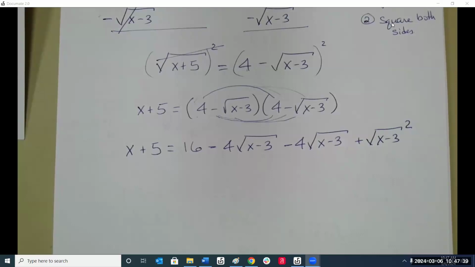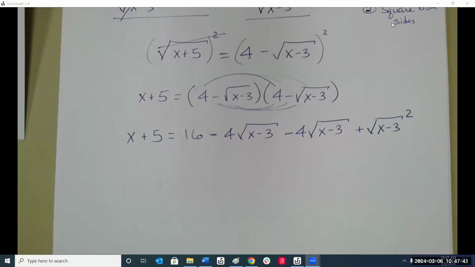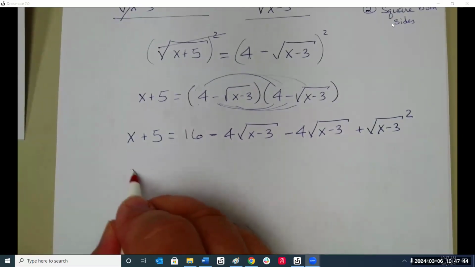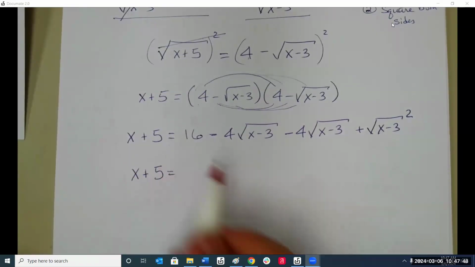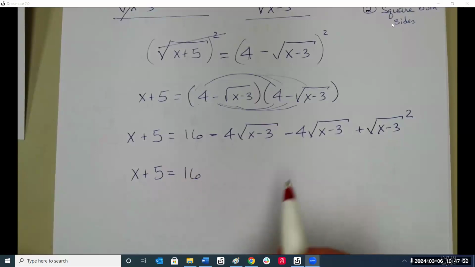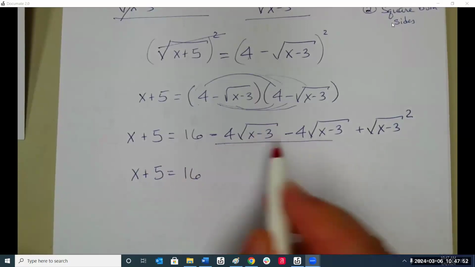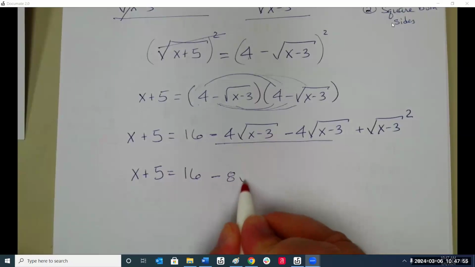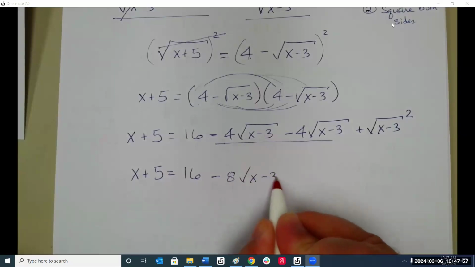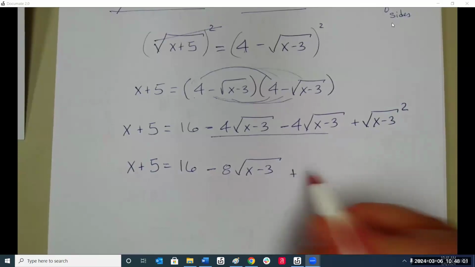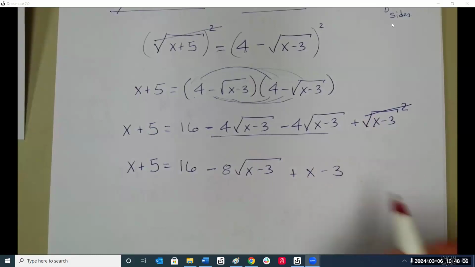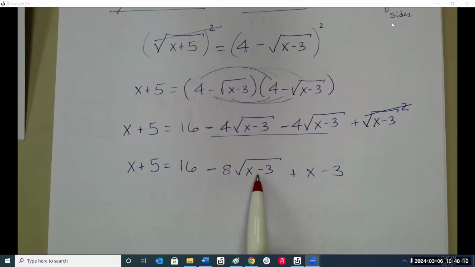Simplify. We have 16. Negative 4 and negative 4 makes it negative 8 radical x minus 3. The radical and the square disappear, so we have x minus 3. Now we're only down to one radical.